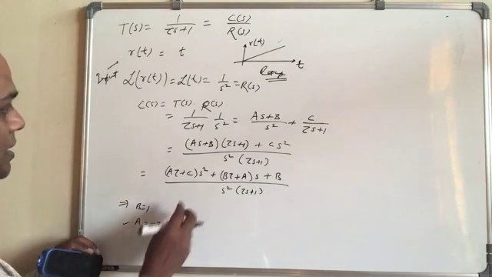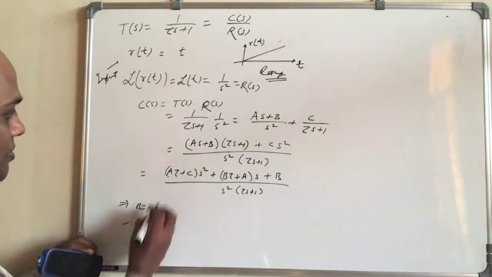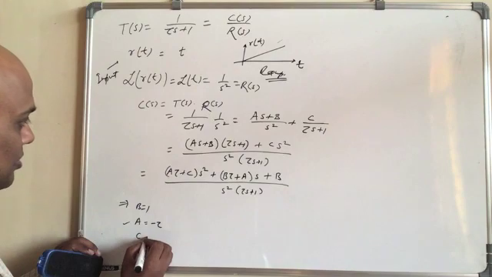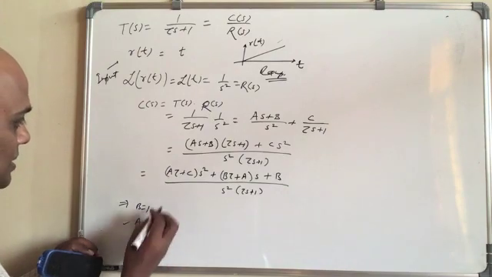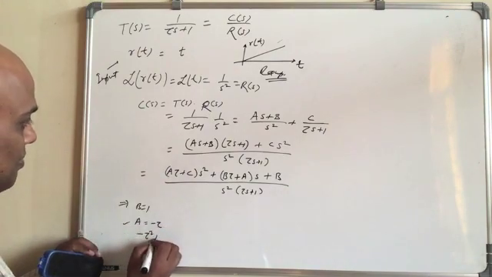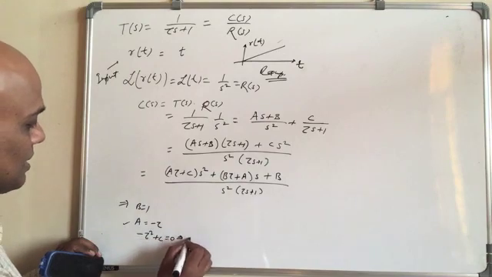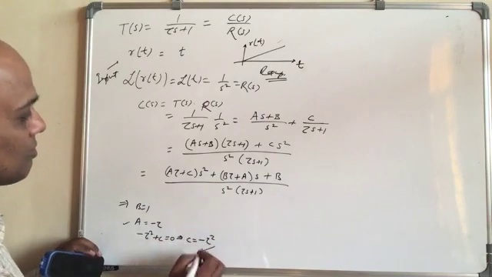Then A tau plus C equals 0, so minus tau square plus C equals 0, hence C equals minus tau square.